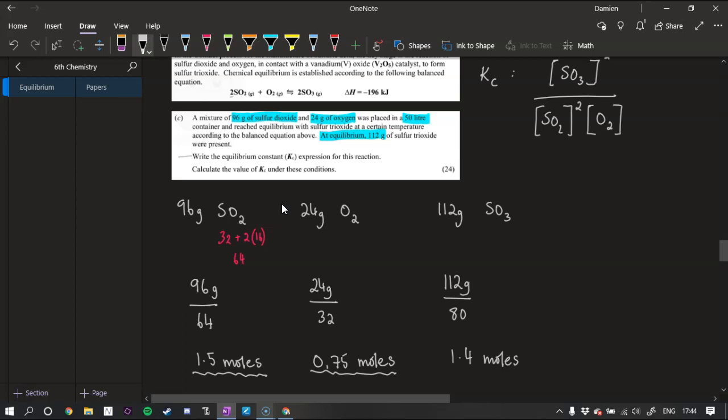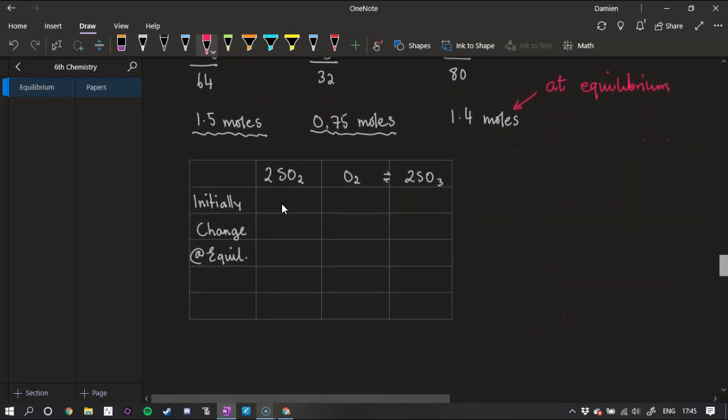And then at the very end, it tells us this bit: at equilibrium, 112 grams of sulfur trioxide. Now we've actually worked out that 112 grams is 1.4 moles. So that's what we had at equilibrium. So we can put these numbers in.